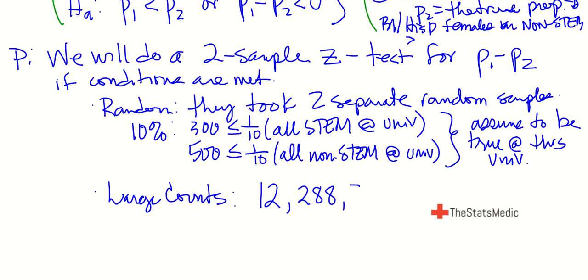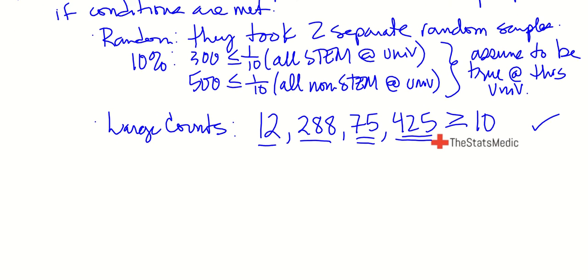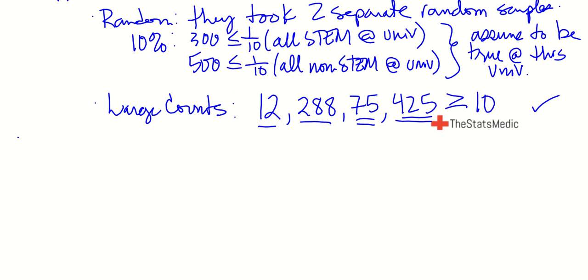From the non-STEM, we had 75 successes, and out of 400, that left us 425 failures. So this would be females, males from STEM, females, males from non-STEM, and all of those are greater than or equal to 10. So that makes our large counts condition. So that's our plan. Now pause and do your do.